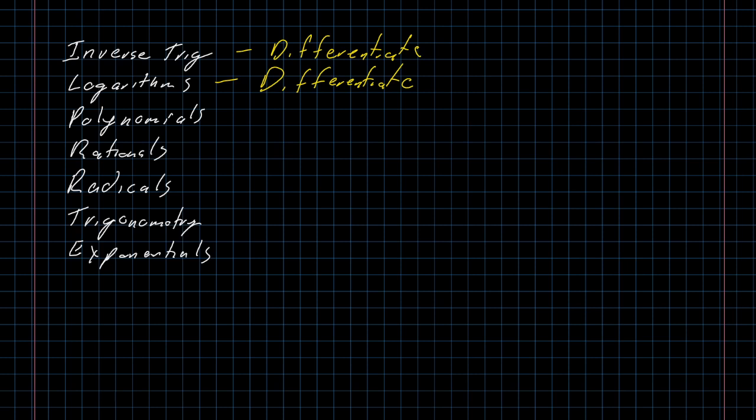Polynomials are kind of an interesting case because whenever you differentiate or integrate a polynomial, you're going to end up with another polynomial. When you take the derivative, it's going to be a polynomial of a smaller degree, which is definitely better.